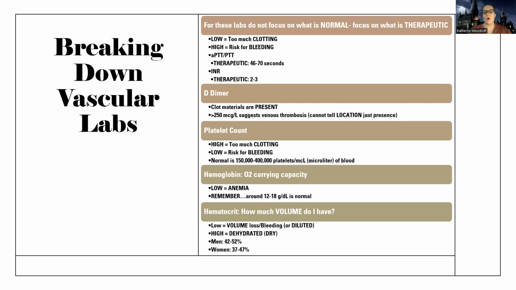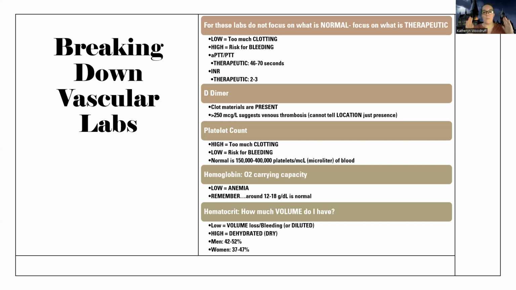So what happens with certain anticoagulation is I want to do what's called therapeutic monitoring. If they get too much anticoagulation, they can fall to one side and they're more likely to bleed. If they get not enough anticoagulation, they're on the other side and they're more likely to clot.